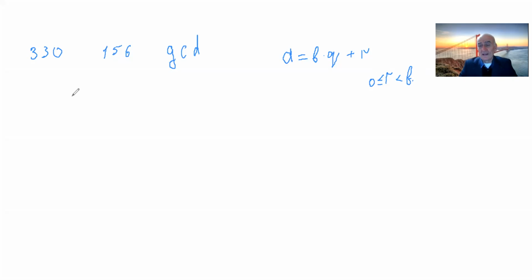So by this Euclidean algorithm, we can find the greatest common divisor, and let's do it.